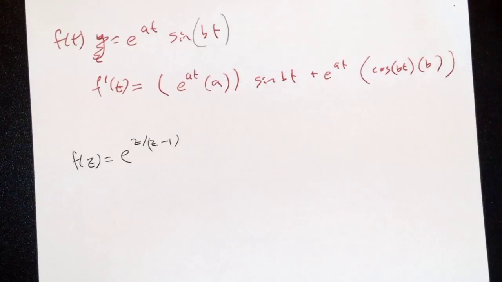So, Angela, if I think of that as e to the stuff, then the inside part is z over z minus 1. And that means that the inside derivative needs the quotient rule. Now, that's not the only way to do it, but I think it's the easiest way to do it.